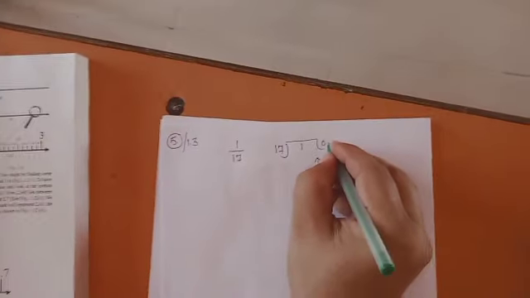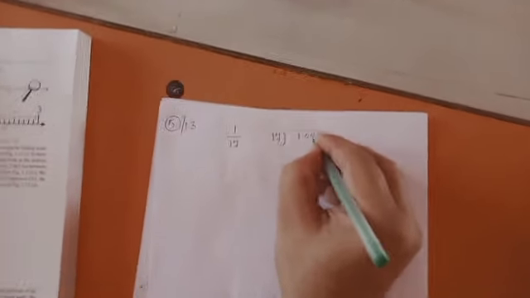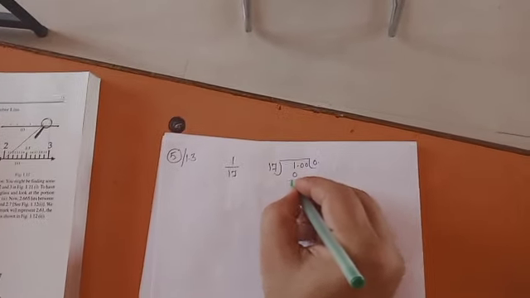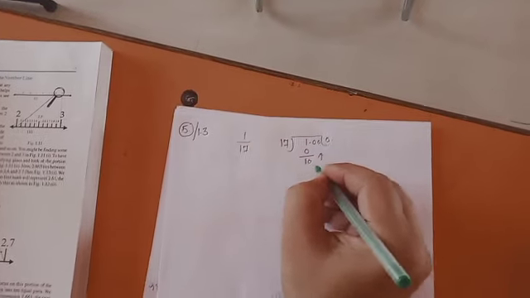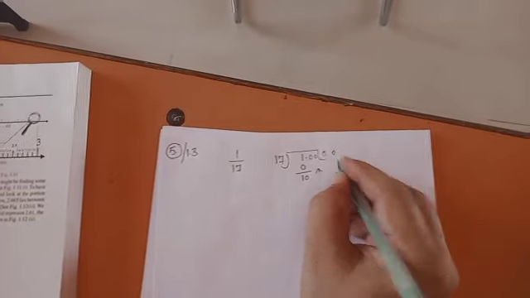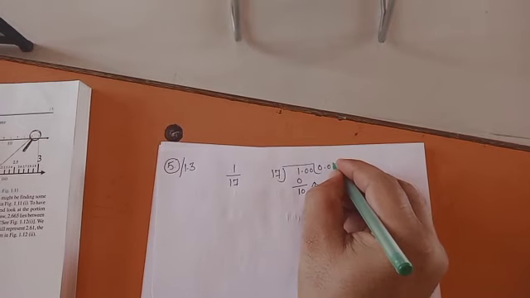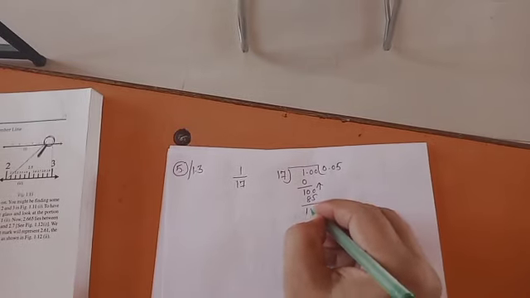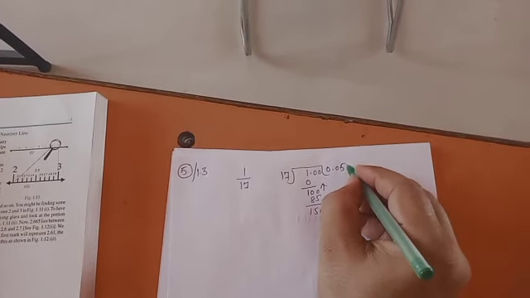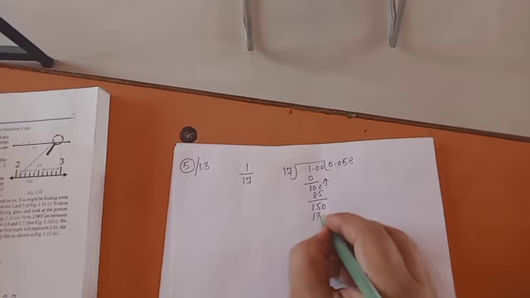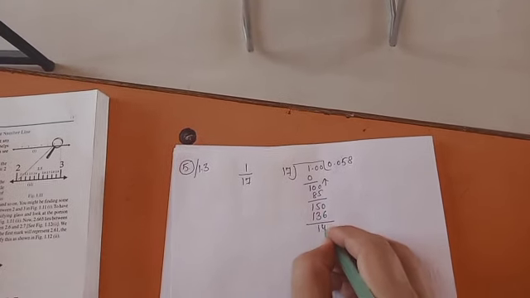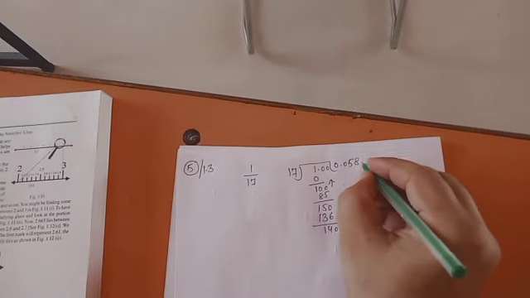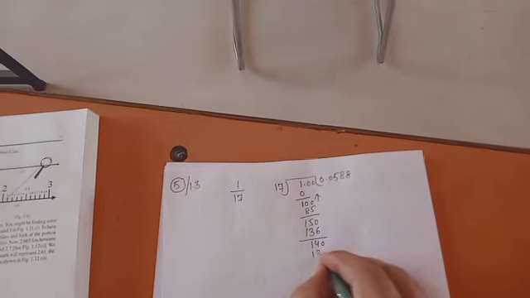Like this 0, again 0. 17 zeros are 0, 1 coming, 0 taken, again 0. What's coming? 17 5s are 85. 100 becomes 85, then 15 left. 17 8s are 136. How much left? 14. Then 17 8s, 136.